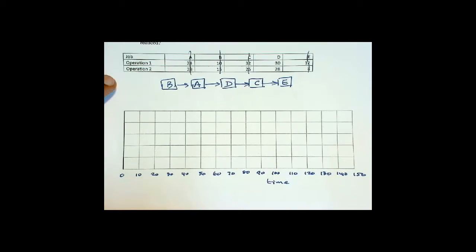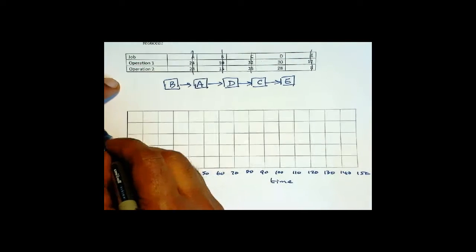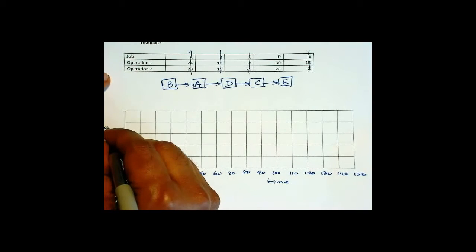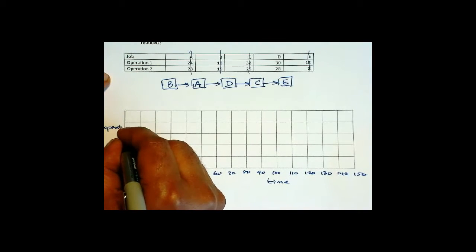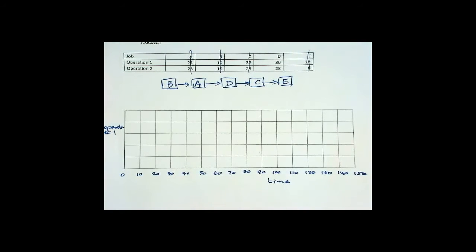So we'll start with operation 1. So this is operation number 1. It's a good idea to use a ruler.